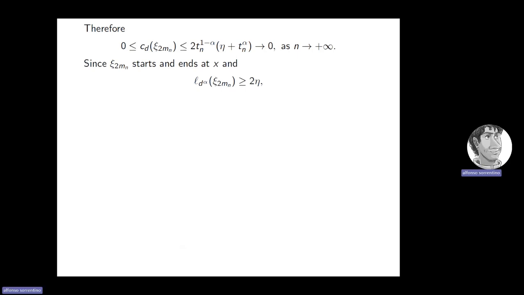Each one of these chains is of length larger than 2 eta, and the costs go to 0. That tells me that the eta concatenated chain corresponding to D, which I took as phi, from x to x, which is of course non-negative because everything is non-negative, is less than the infimum, which is 0, so it has to be 0.